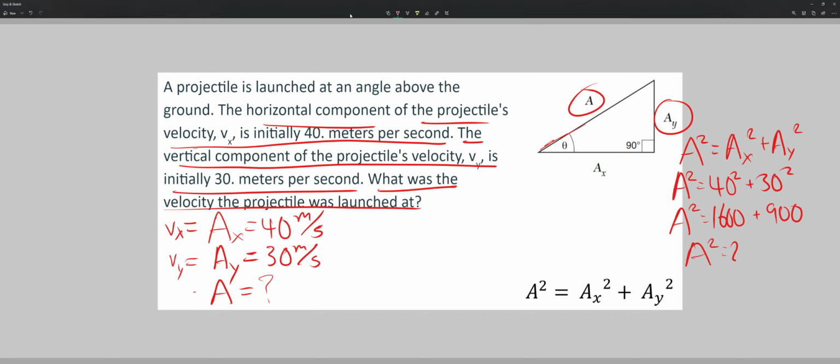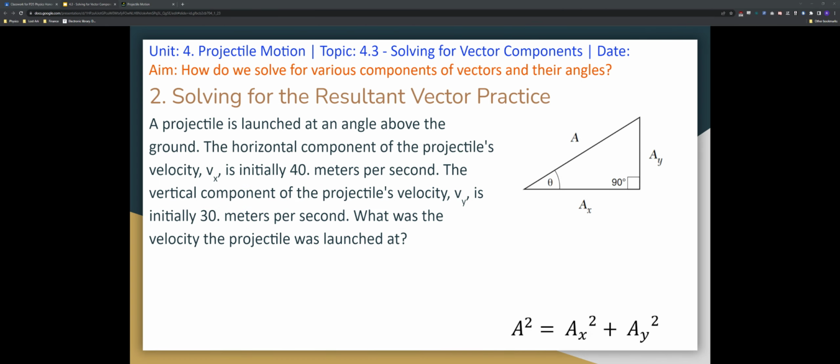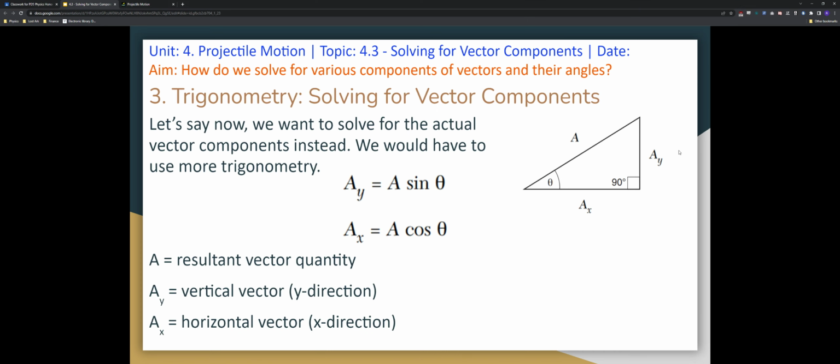You add these together and you get 2500. Now we take the square root because we need a by itself, and we get 50 meters per second, because that's the unit for velocity here. That will be my initial velocity.